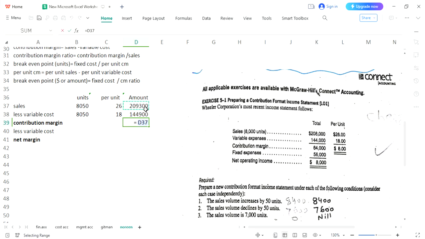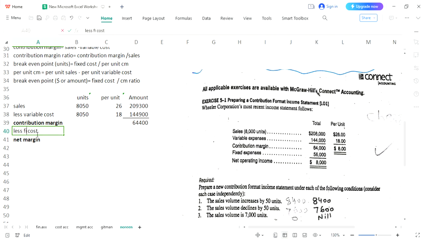That is 2,09,300, and then you subtract your variable cost, that is 1,44,900. In this way the contribution margin will arrive, and that is 64,400.